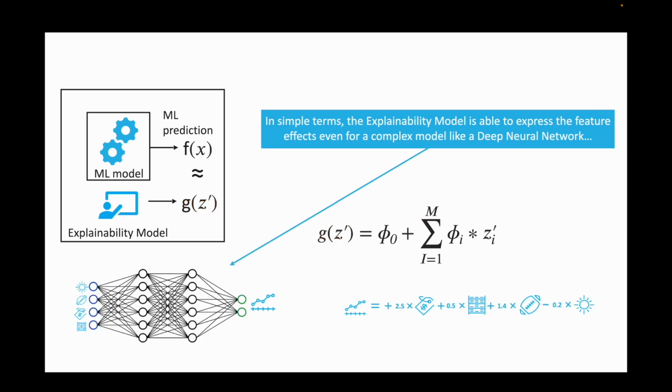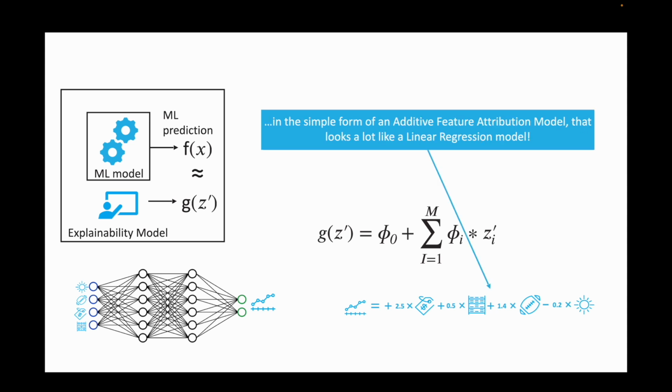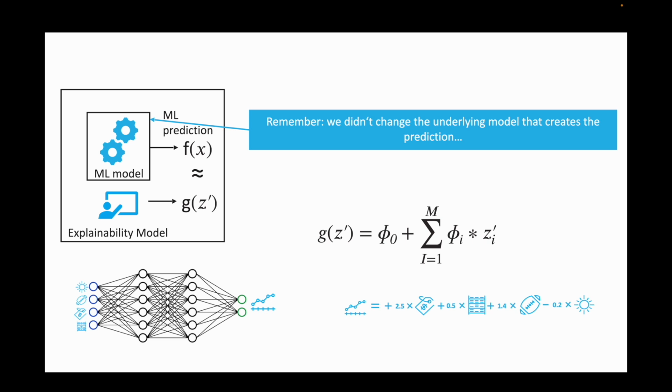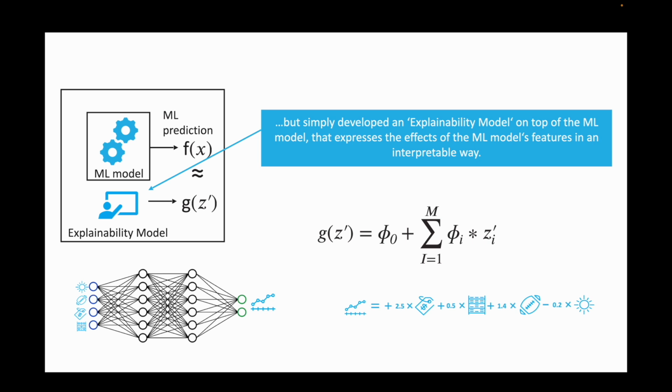In simple terms, the explainability model is able to express the feature effects even for a complex model like a deep neural network in the simple form of an additive feature attribution model that looks a lot like a linear regression model. Remember, we didn't change the underlying model that creates the prediction, but simply developed an explainability model on top of the machine learning model that expresses the effects of the machine learning model's features in an interpretable way.